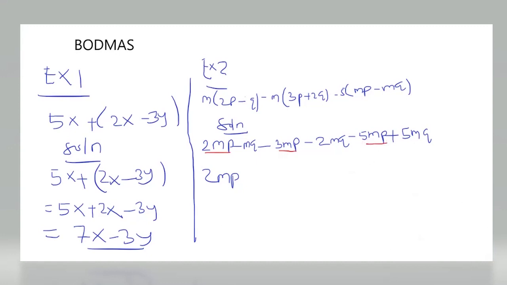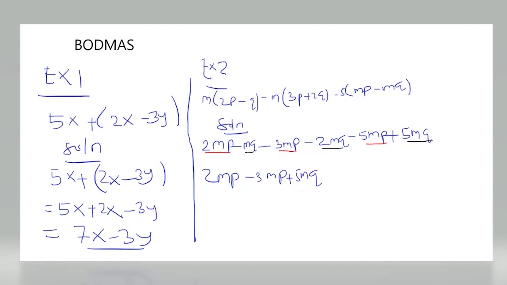And also we have mq and the negative mq and the 5mq also the same term. So I'm going to arrange them in that form. So 2mp minus 3mp plus 5mq.